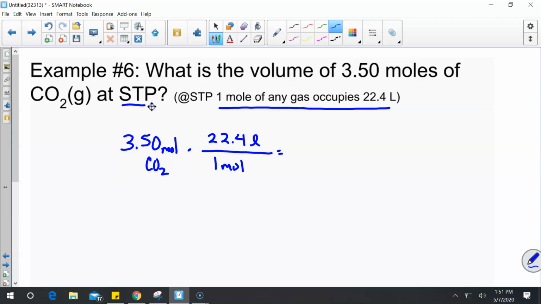When I do the math, it looks like I get 78.4 liters of CO2. That's how we can use our 22.4.